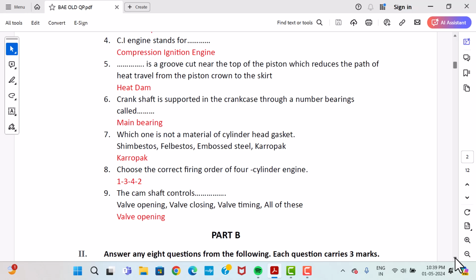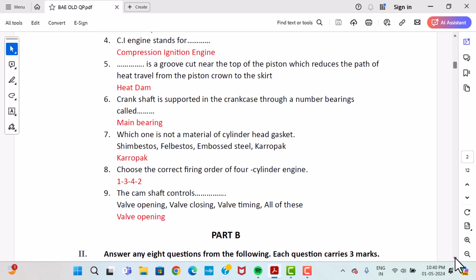You must know the firing order of three-cylinder, four-cylinder, and six-cylinder engines at least. Here it is asking about the four-cylinder engine. It is 1342.